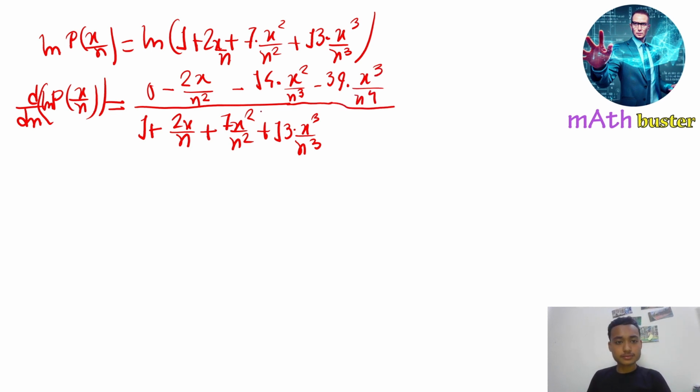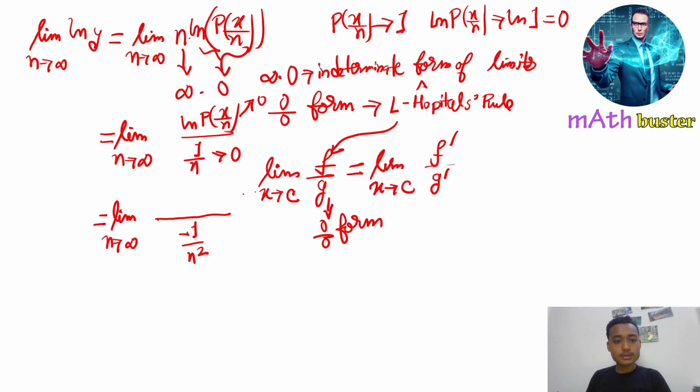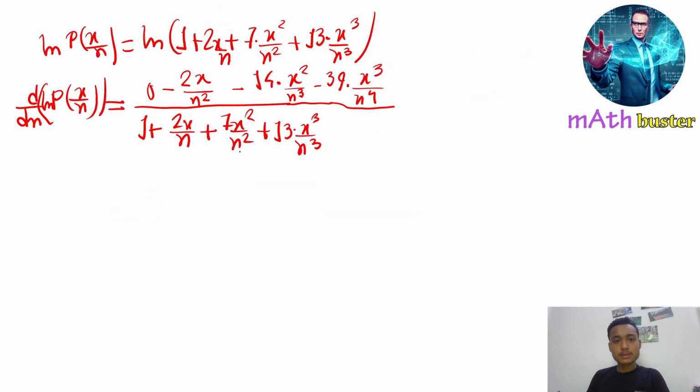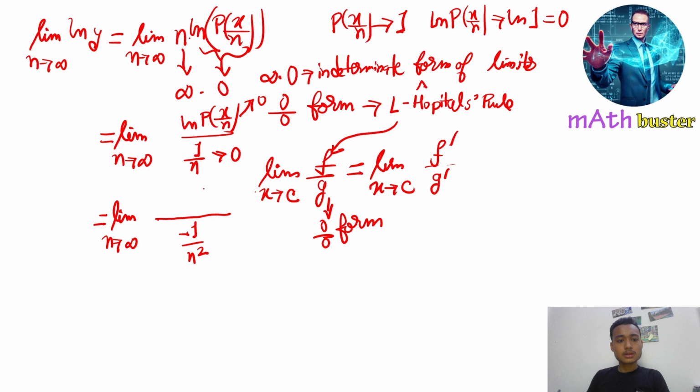Therefore, if we take this as q, this will become q by minus 1 by n squared.